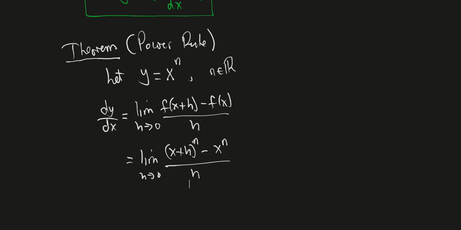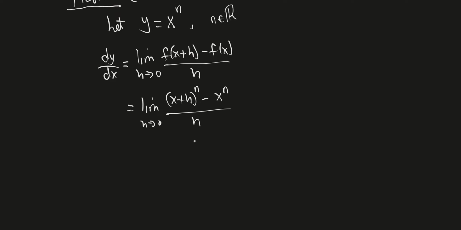But the binomial theorem gives us a way to expand binomials like this for any n, right? And that's why it looks a little messy. So here we go. I'm going to start a little further to the left. Here's our limit.